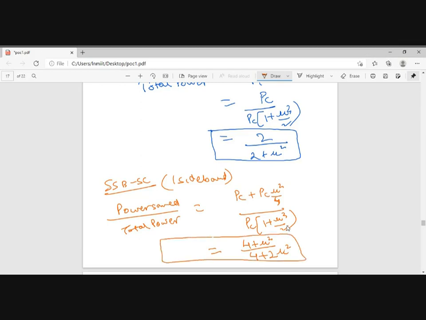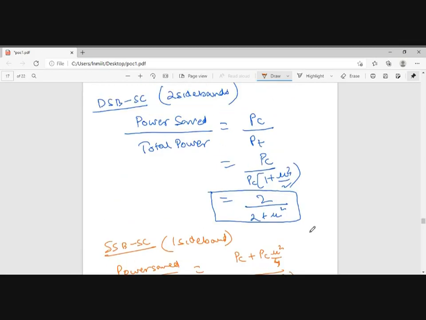In the examination, in quizzes, we ask directly what is the power saved in SSB-SC for different modulation indexes. And here also I can write this in terms of efficiency.